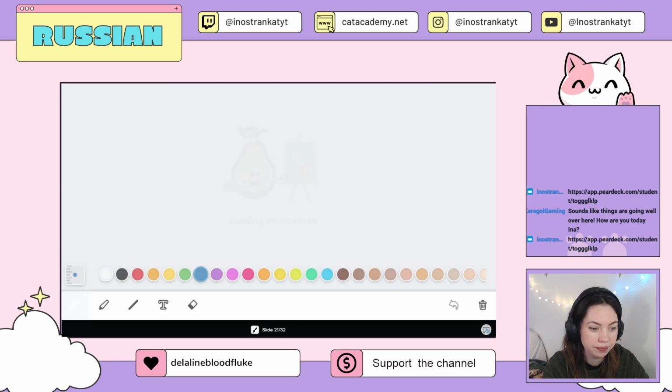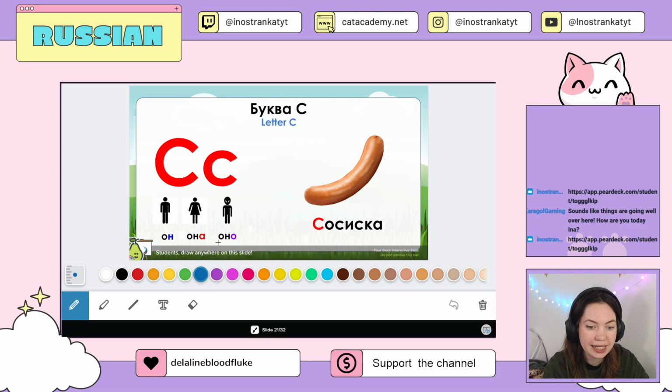Дальше. С, о, с, и, с, к, а. Сосиска. The final letter is A. It is a vowel.